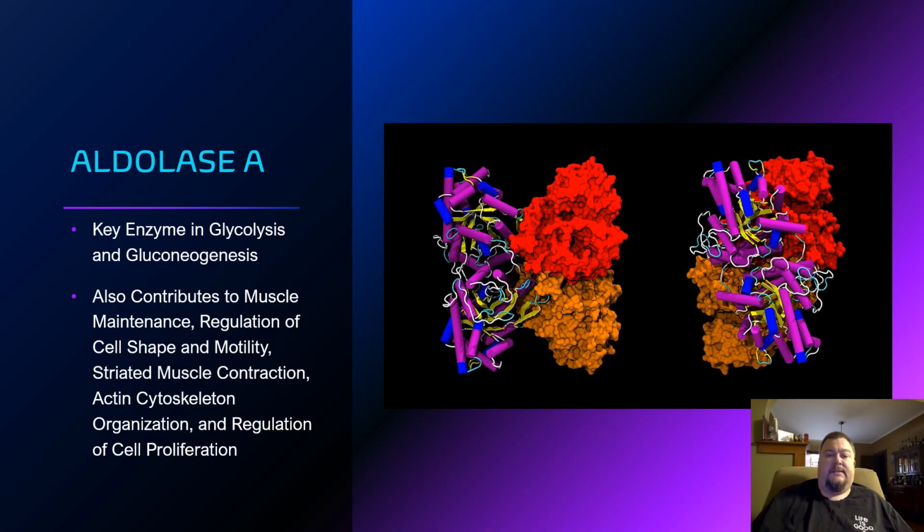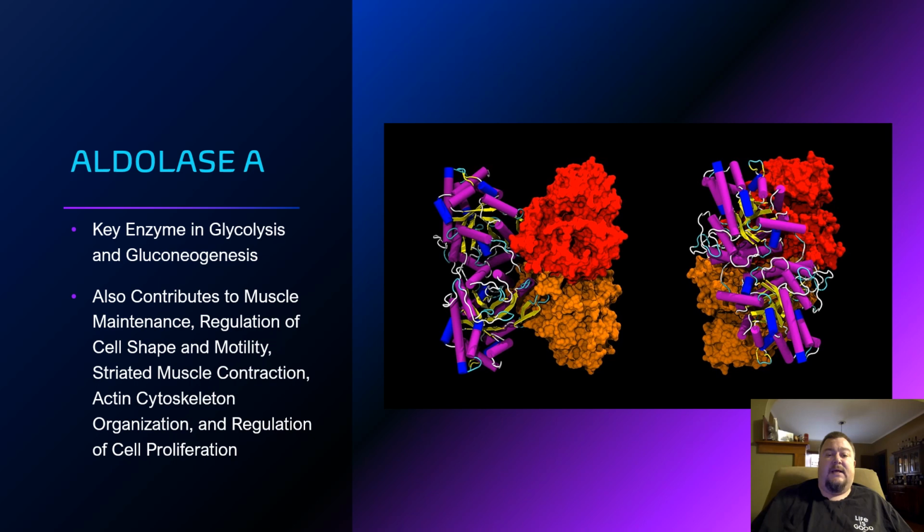Aldolase A, like its other isoforms, is a key enzyme in glycolysis and gluconeogenesis, especially because it is expressed in most tissues, though it is predominantly expressed in the developing embryo and adult muscle. Aldolase A also contributes to other functions, including muscle maintenance, regulation of cell shape and motility, striated muscle contraction, actin cytoskeleton organization, and regulation of cell proliferation.